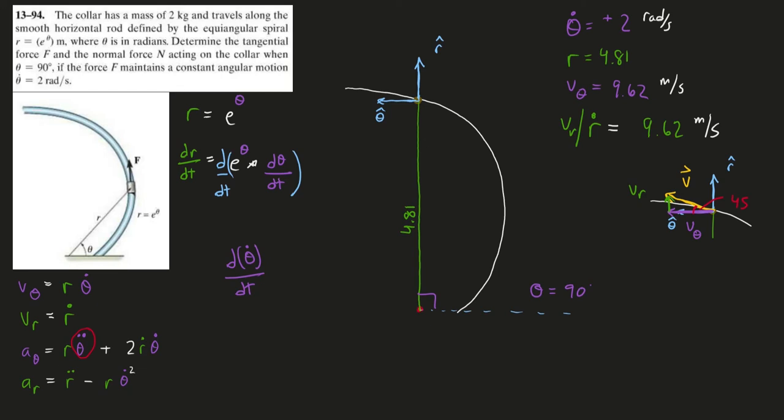And since they tell us that that force maintains a constant angular motion, that means that theta dot is a constant and it doesn't change at all. So theta double dot is 0. Then 2, r dot we know is 9.62. Theta dot we know is 2. So we can crunch that out and we'll get a positive 38.48.